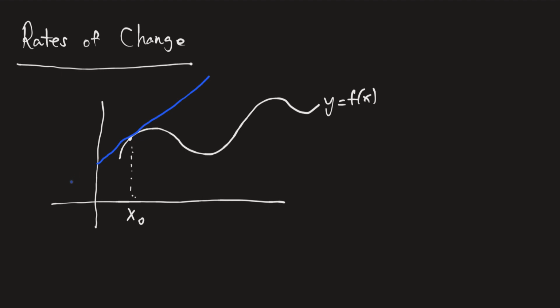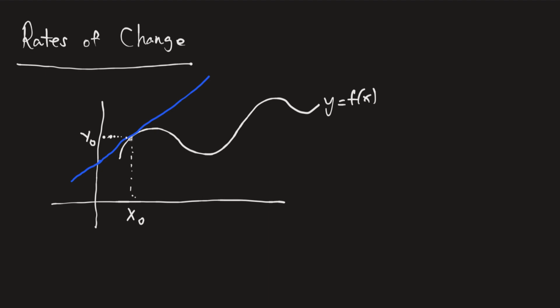We would like to be able to find its equation. And all we are given is the equation for the curve, and the x value. Now, once we know the x value, we can find the corresponding y value. So let's call that y0, right?